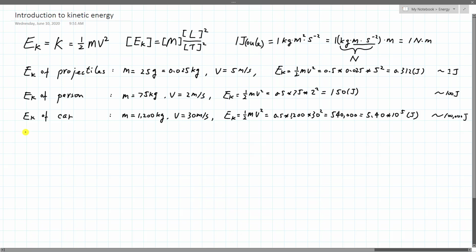So what I want you to think about is that this is relative to the observer. Frame of reference.